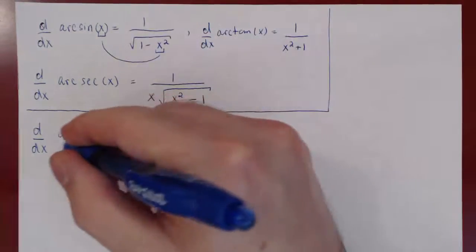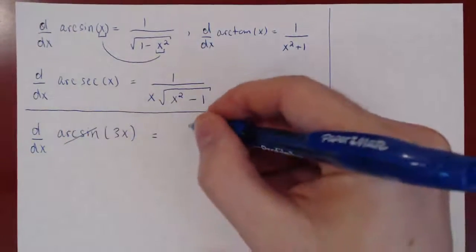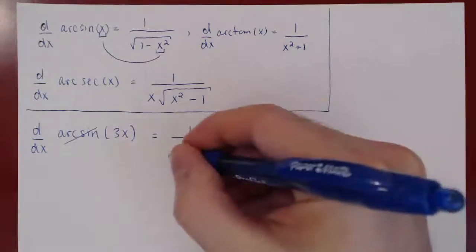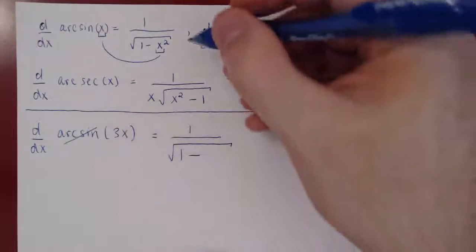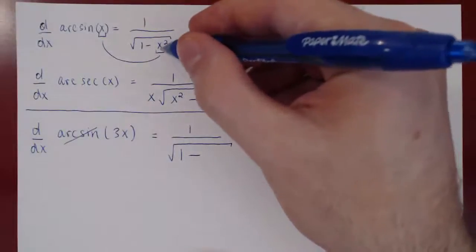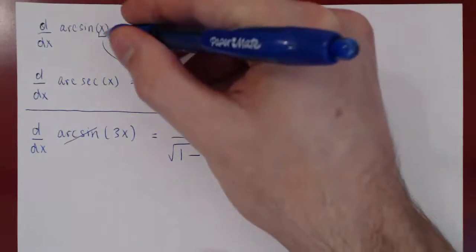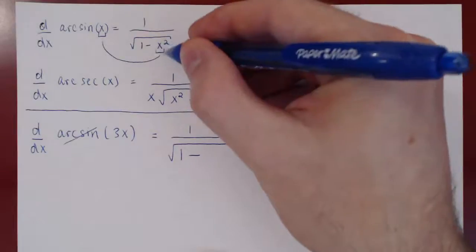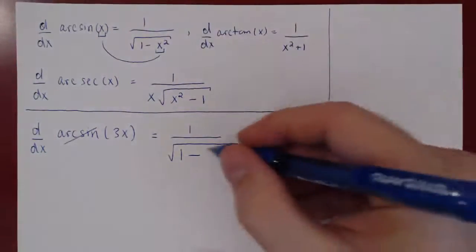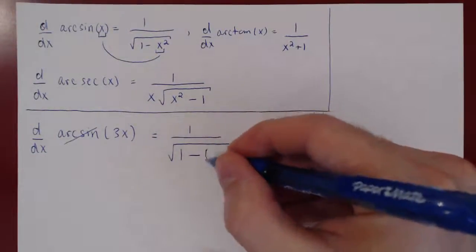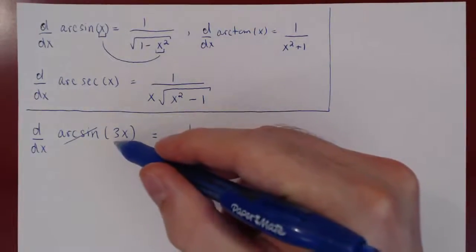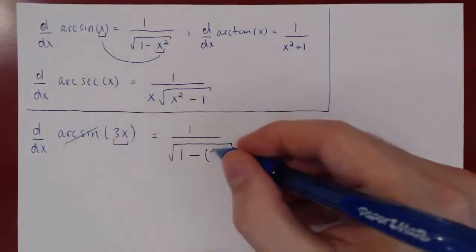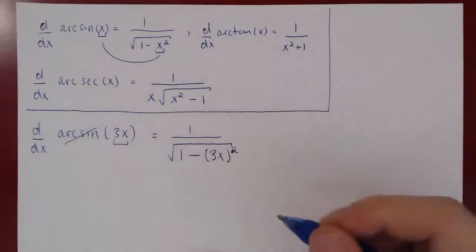So the derivative of arcsine is 1 over the square root of 1 minus, that's not x squared, it's whatever the argument is, squaring that. So it's 1 over the root of 1 minus the argument squared, and the argument here is 3x. So what goes in here is 3x.